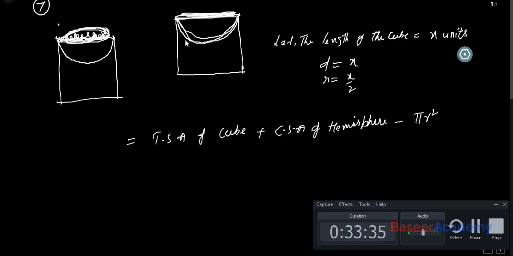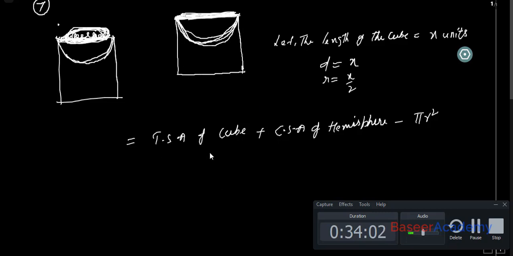I'll have to add total surface area of cube, and I'll have to add curved surface area of a hemisphere. Then I'll have to subtract this thing. So I'll have to subtract the area of a circle, because the top side of the cube is missing here once we cut out a hemisphere. So this is what we really need to do.